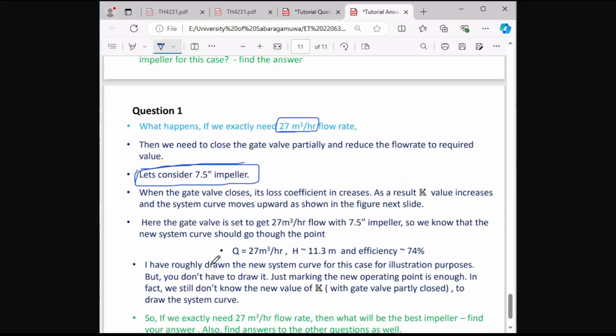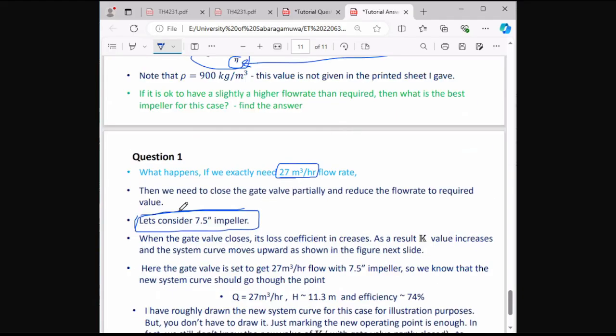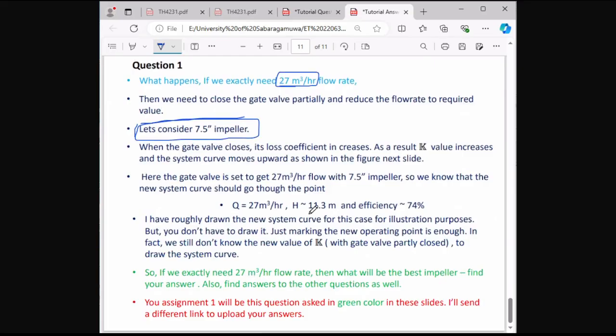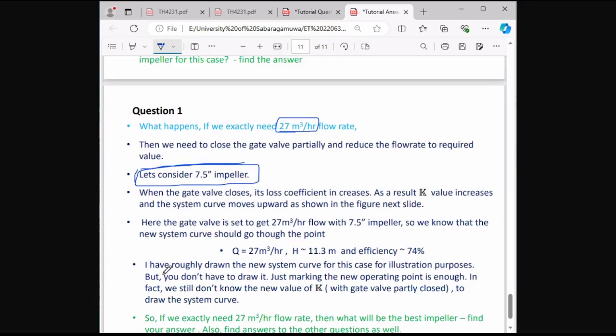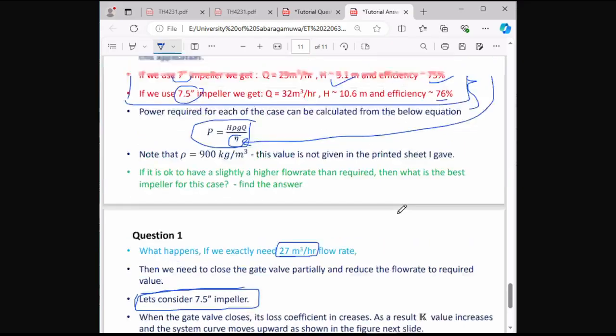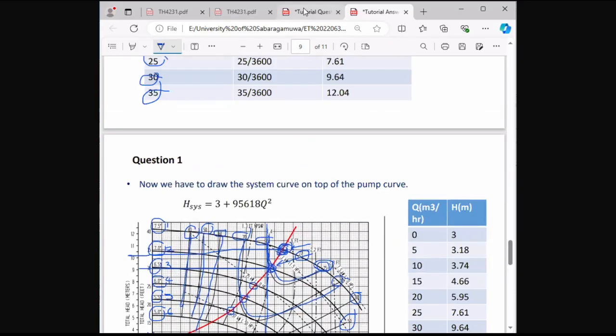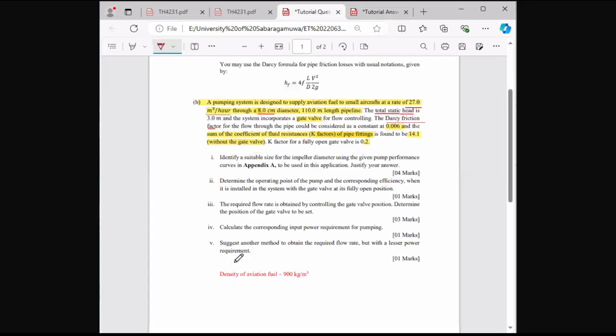Okay, this is not an assignment. I will give another assignment next week, about the pump curves. So this is the answer for this one.